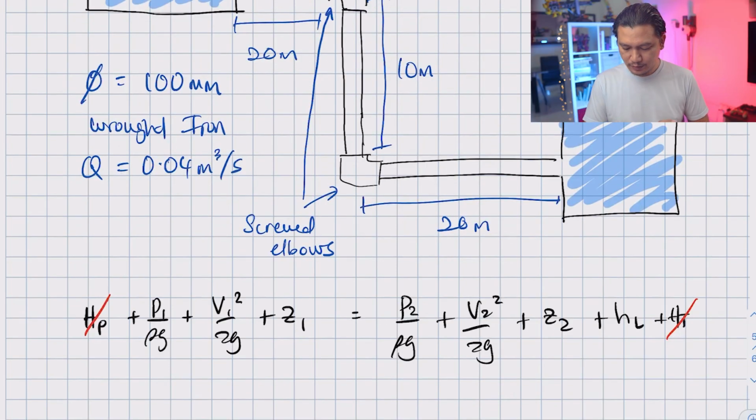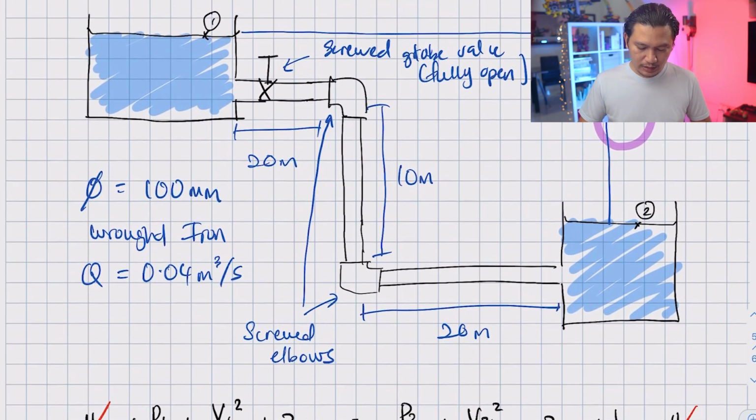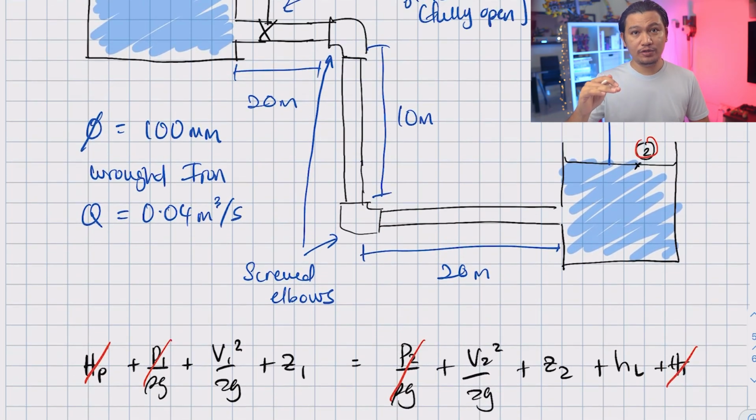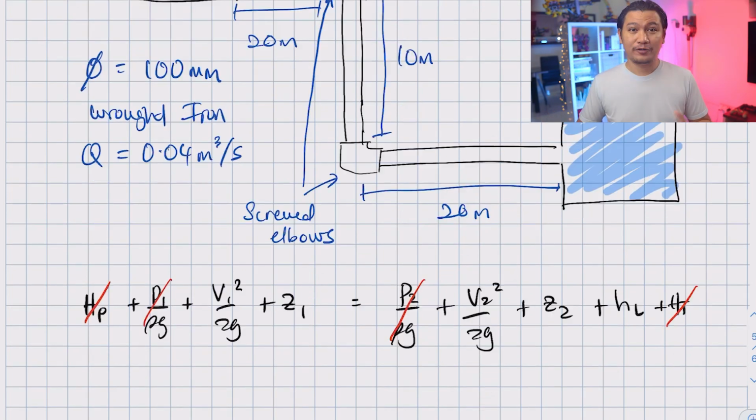And I think it's going to be quite simple to solve this energy equation because P1 and P2 are exposed to atmosphere. So P1 minus P2 will be 0. And also V1 and V2 can be neglected because they are moving in this direction, and it's going to be small enough compared to the velocity of the flow. Okay, so I'm going to cancel this out as well.